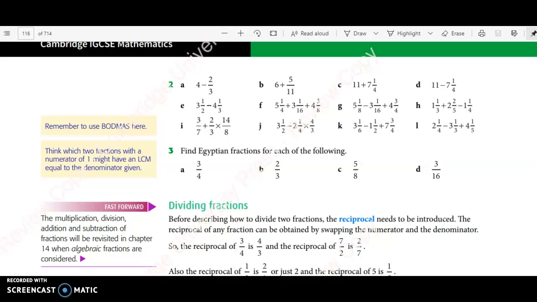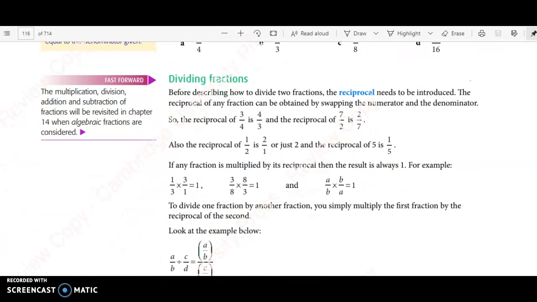About dividing fractions. Okay, dividing fractions is the inverse of the multiplication operation. So before describing how to divide two fractions, you have to know about reciprocal fractions. Reciprocal means you change the fraction by swapping the numerator and denominator. So you swap 3 out of 4, the reciprocal is 4 out of 3.